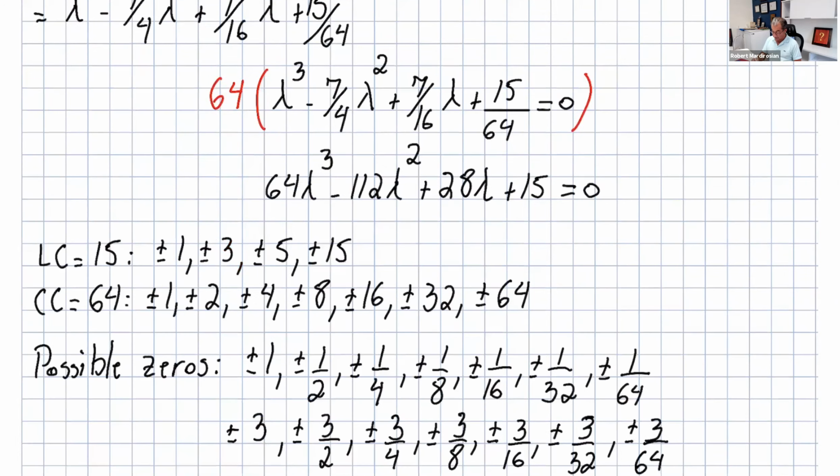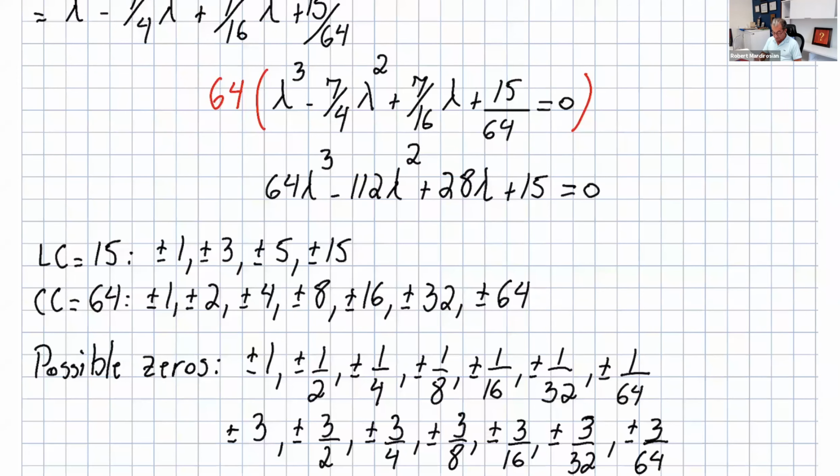And again, watch my last videos. The constant coefficient is 15 and the leading coefficient is 64. So you list all the possible factors of 15, and you put the leading coefficient, which is 64, and the possible factors of the leading coefficient.